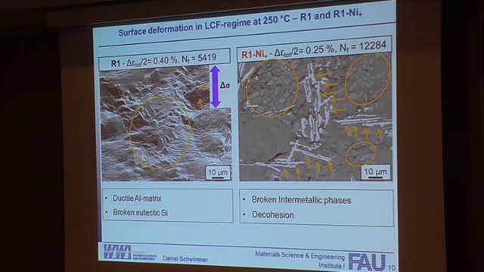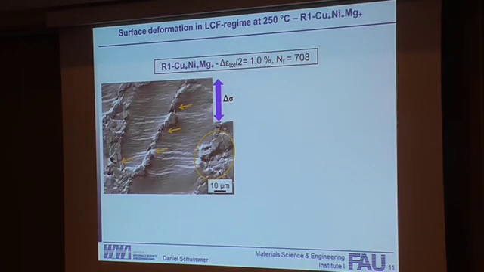That means precipitates which are oriented parallel to the loading axis are always broken the short way, and when the intermetallics are oriented perpendicular to the axis, the short cracks always run vertically. We always have fatigue cracks in our eutectic silicon, and also ductile behavior in our aluminum matrix.